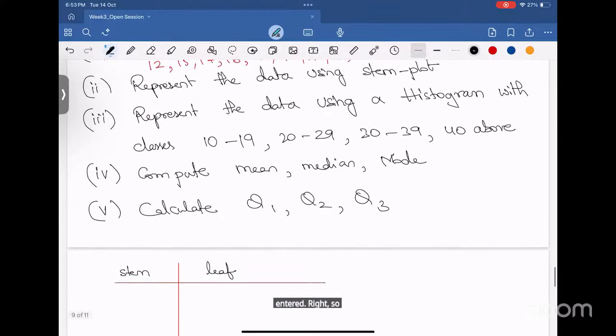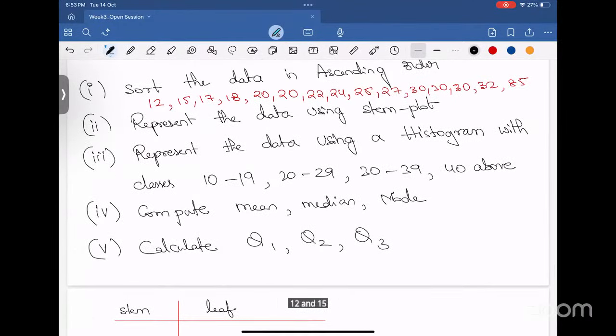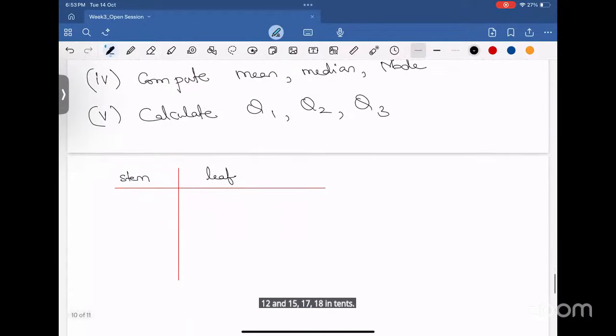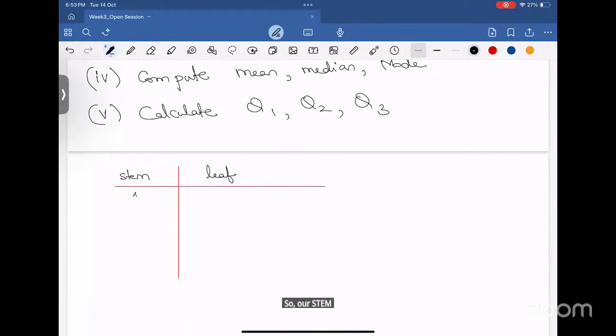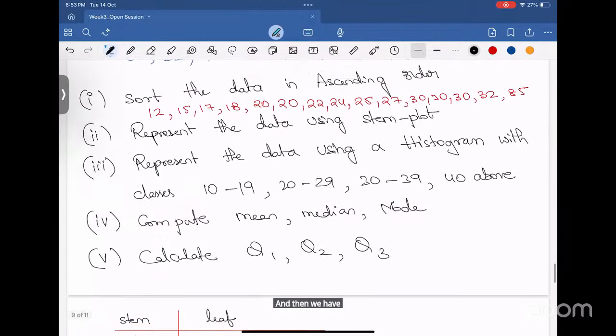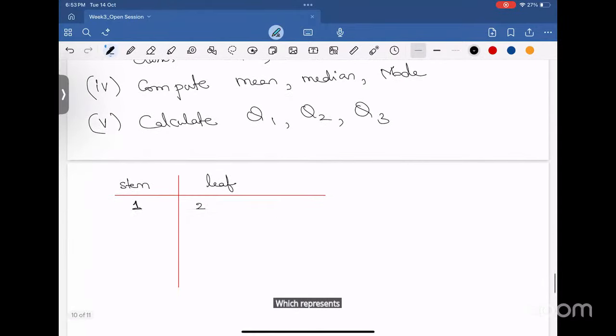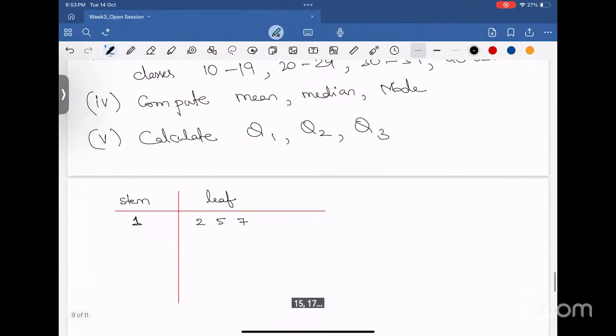Right? So we have 12, 15, 17, 18 in tens. So our stem is 1, the tens unit is 1, and then we have 2, 5, 7, 8, which represents 12, 15, 17, and 18.